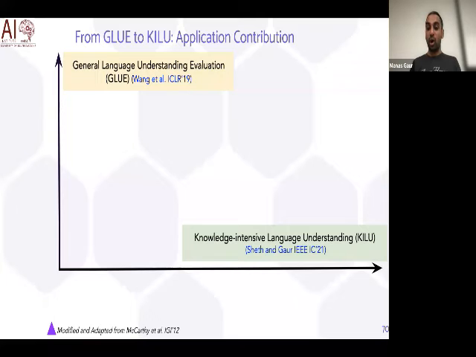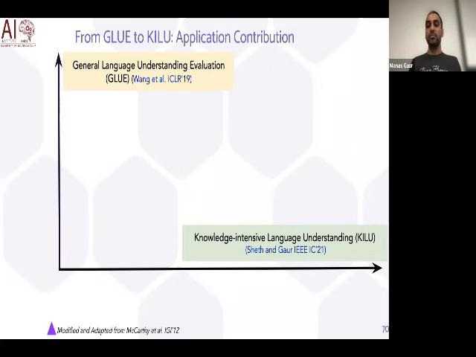But what we want is knowledge-intensive language understanding. The reason is that these data sets, what we call GLUE data sets, do not challenge AI for explainability and interpretability, whereas KILU does. And parallel to KILU, there is another set of data sets called Knowledge Intensive Language Tasks, which are KILT, and they are also used to challenge AI for explainability and interpretability.